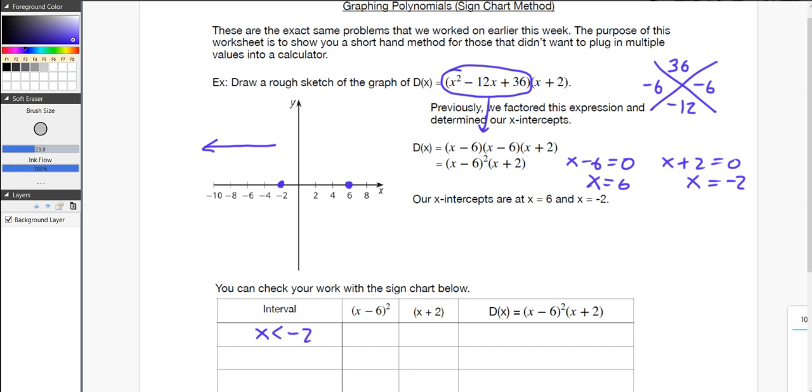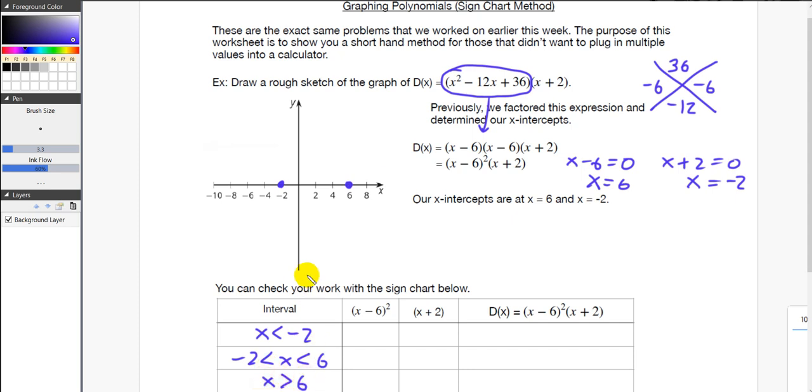Then we're also going to consider this region, which is between negative 2 and 6. We're just going to choose any x between negative 2 and 6. And last, we're going to choose an x in this region, an x greater than 6.